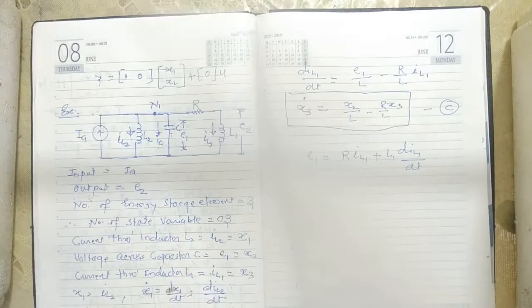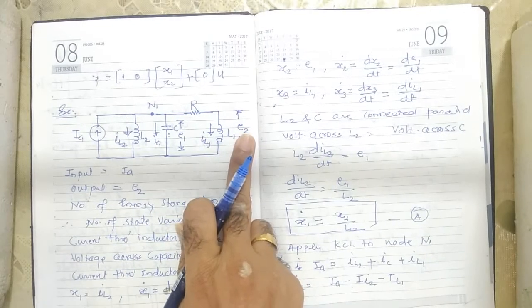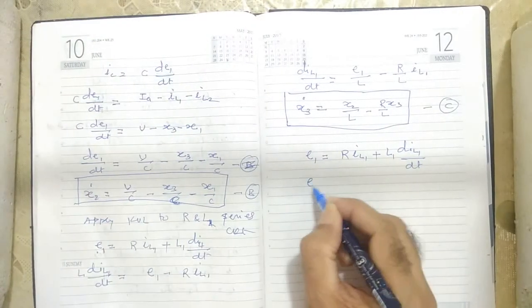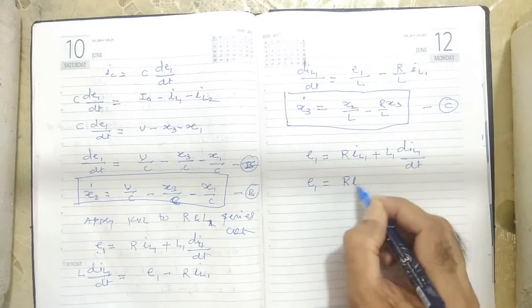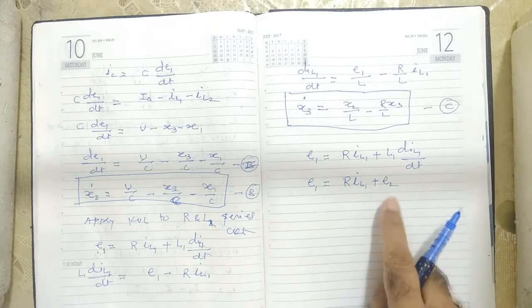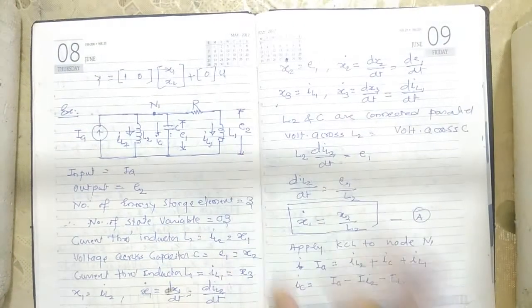Now the voltage across the inductor is nothing but E2. So we can replace this: E1 equals R into IL1 plus E2. This E2 is my output voltage.